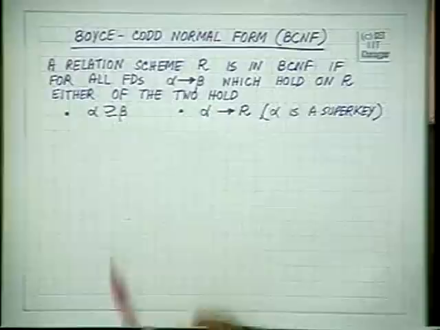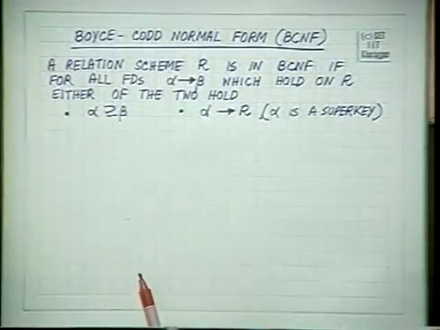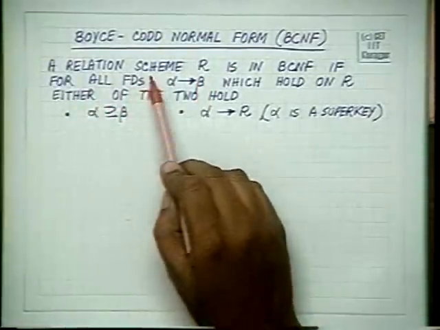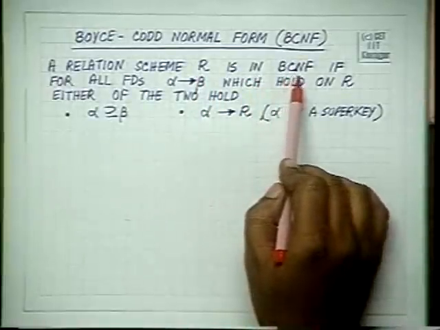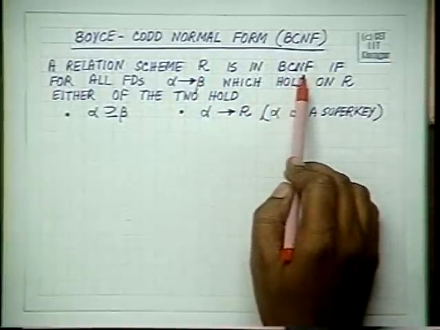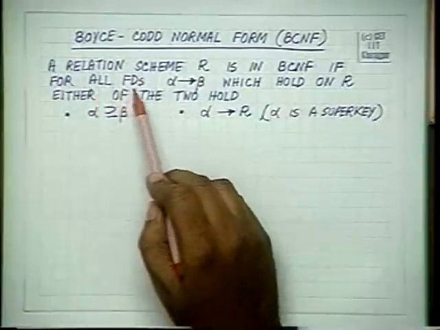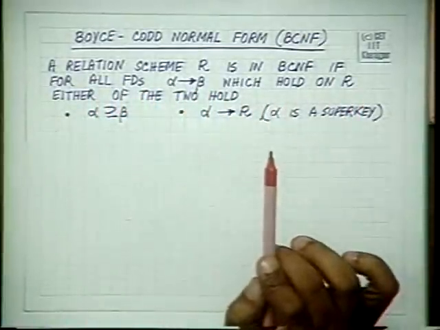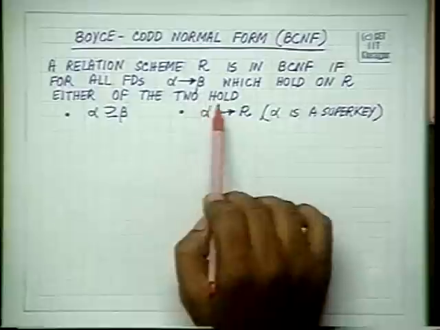The Boyce-Codd normal form says this: a relation scheme R is in Boyce-Codd normal form or BCNF if for all functional dependencies alpha to beta which hold on R, either one of the two should hold.